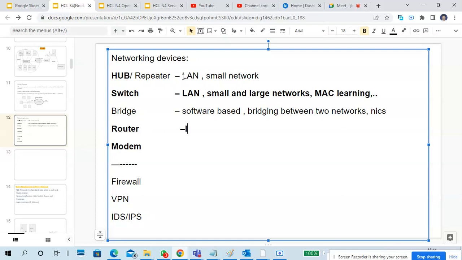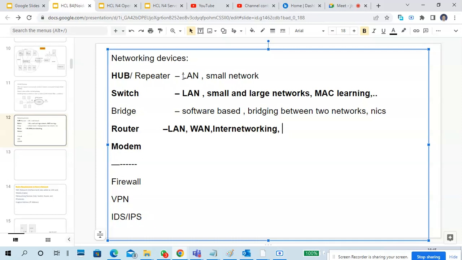Router, we use it for both LAN and WAN communication. It is an internetworking device. Router is for LAN and WAN internetworking.